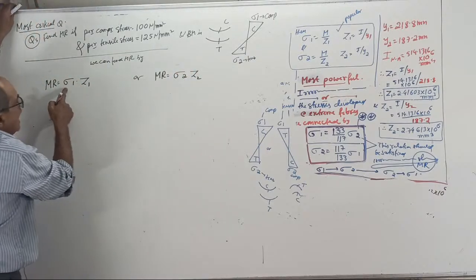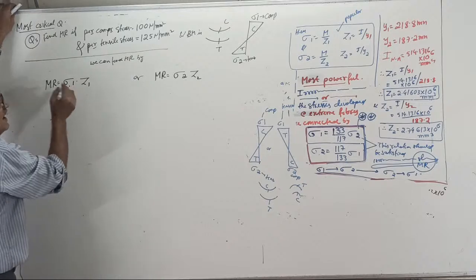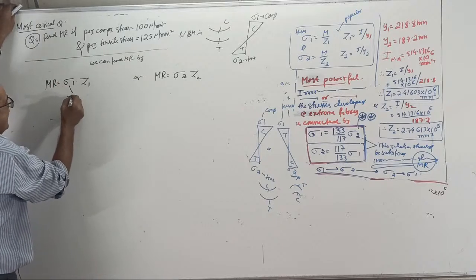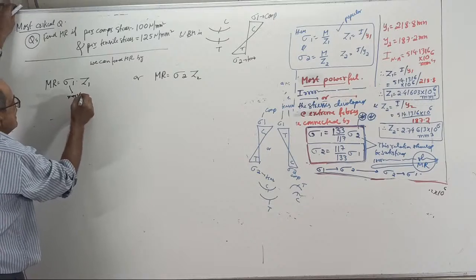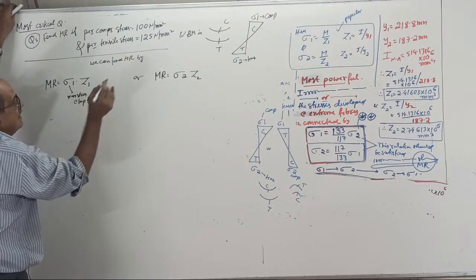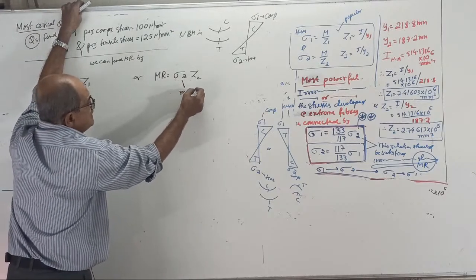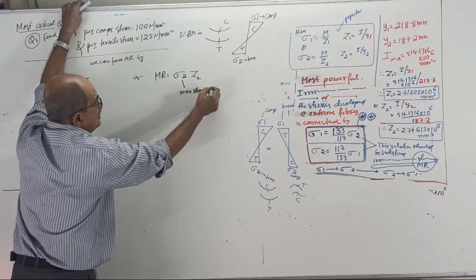If you take sigma 1 into Z1, then sigma 1 is the maximum stress at the top fiber. Don't tell compression or tension. If I use this equation, sigma 2 is the maximum stress at the bottom fiber.